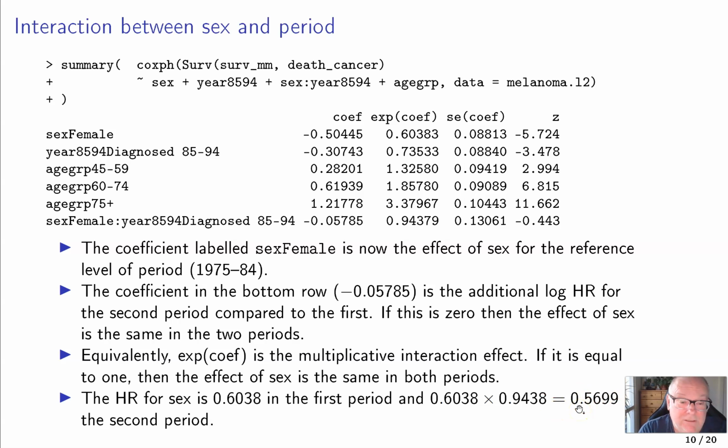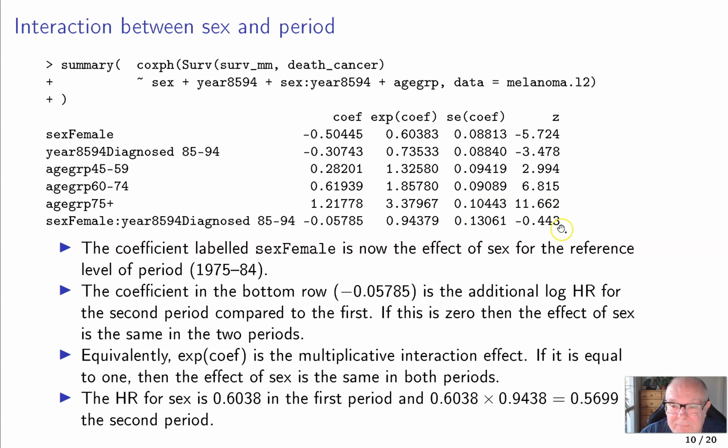Now, there's not a large difference. I wouldn't say this is a clinically significant difference, but we can also test for statistical significance. So if this coefficient was 0, which is equivalent to the exponentiated coefficient being 1, then the effect of sex is the same for both periods.